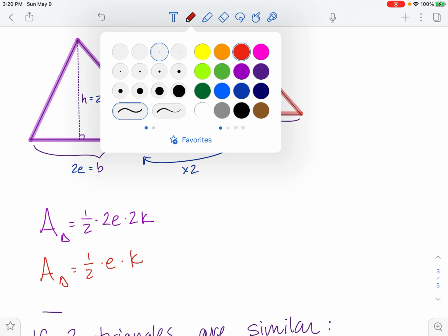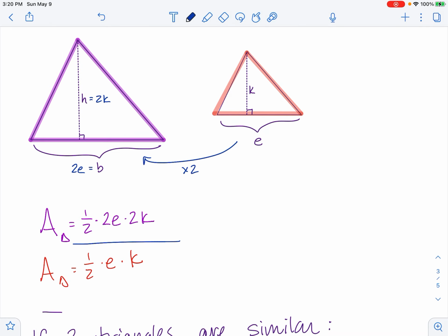When I compare these in a ratio, my 1/2 cancels, my E cancels, my K cancels. My ratio, I don't want nothing on the bottom, so I'll multiply my 2 times 2, I get 4. I'll leave my denominator as a 1 so that I can still say it as a ratio. What is the ratio of these two triangles? Well, it's 4 to 1.